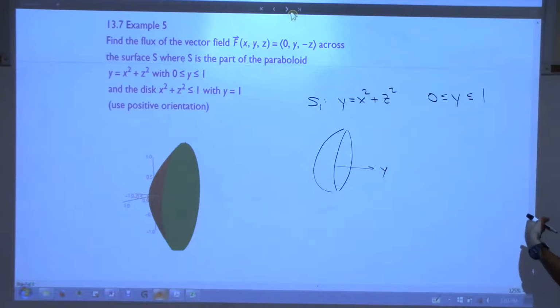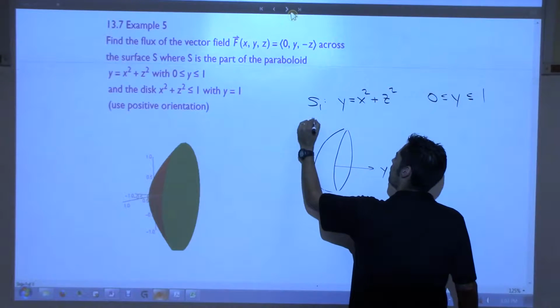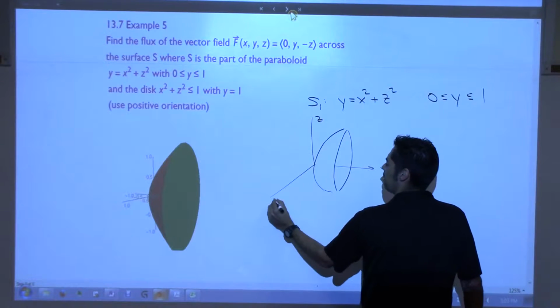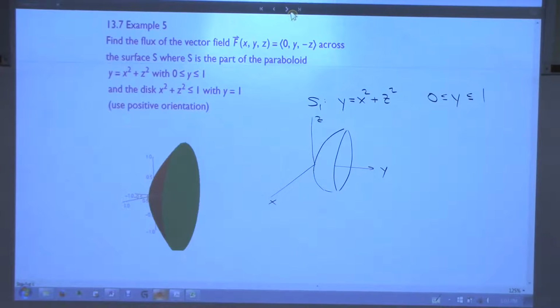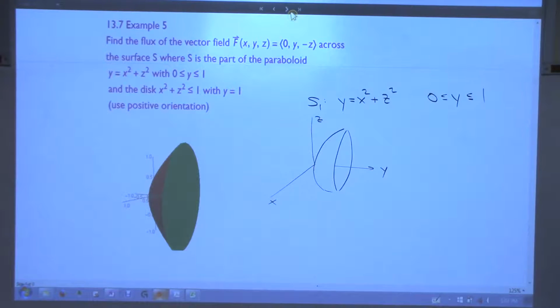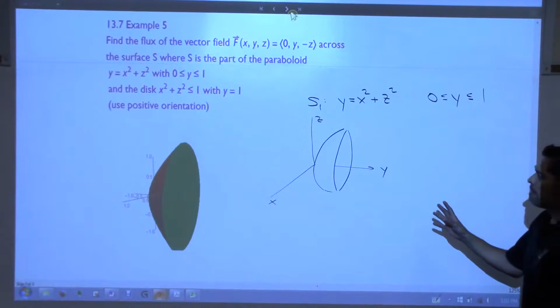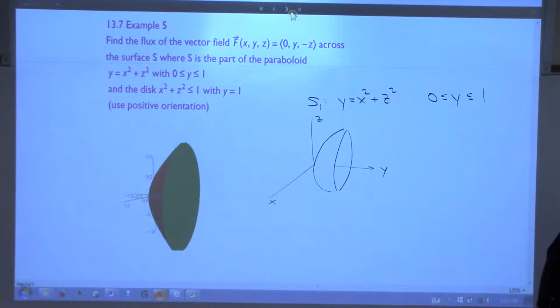Coming out of the center. And of course, our z-axis goes up, and our x-axis is coming out this way. So that's the picture we have over there. And if we call this S1, then to find the flux, what we can do first is see, is S1 a special case?